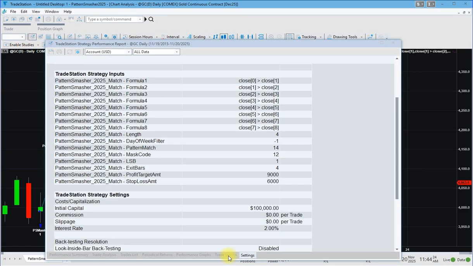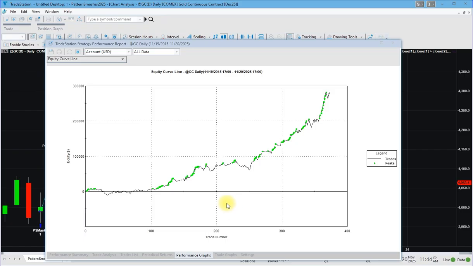If we just look at the equity curve, you'd have to say that looks pretty good, George. Hard to complain about that. But remember, we're biased by a very strong bullish gold market. So I just want to show you, by going through all that, the patterns you can uncover with the PatternSmasher 2025.